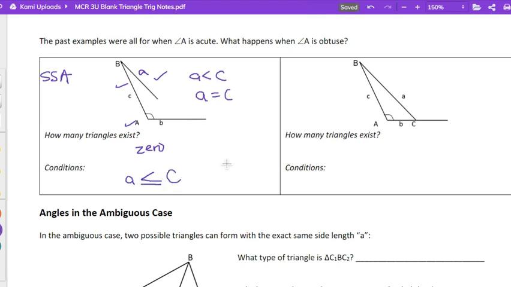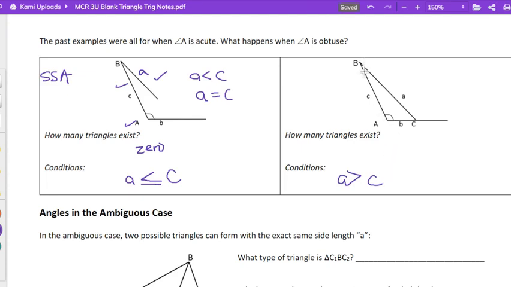Again, A is the side that doesn't touch the angle. So if the side that is not touching the angle in an obtuse triangle is shorter or equal to, we have 0 triangles. Okay, well, what if A is going to be greater than C?